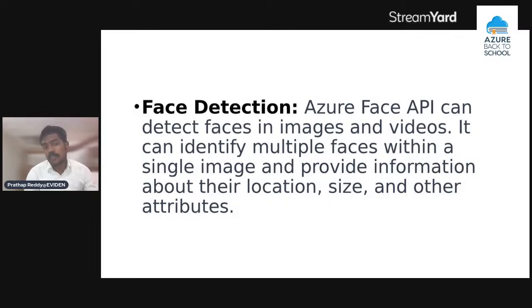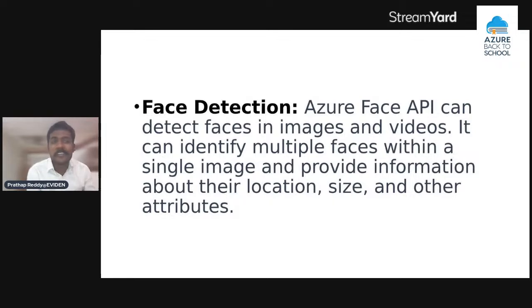By using this Face API, we can detect faces in different formats and different ways. At a single time it can capture multiple faces, and multiple faces in multiple images. It's a single process in multiple ways.